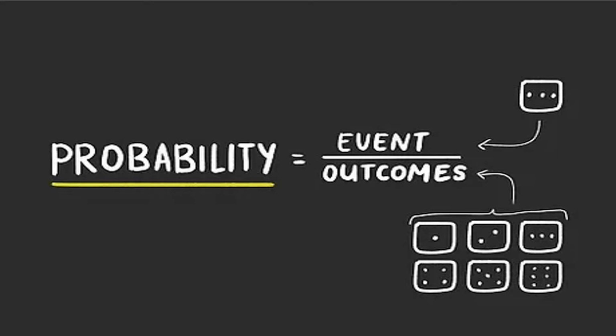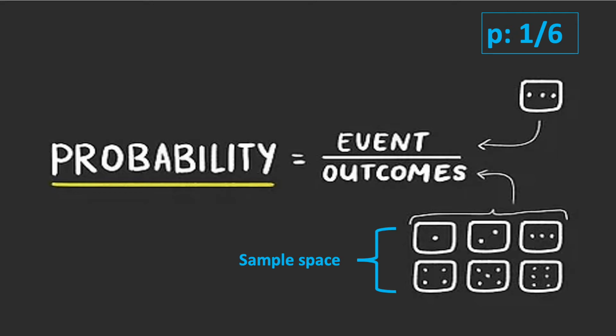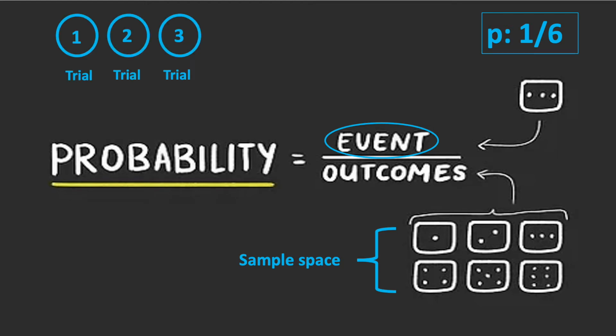So the probability of getting 3 is 1 divided by 6. All possible outcomes that can happen each time is called the sample space. Each time we roll the dice is one trial. If we repeat this trial twice or thrice or more, each time has its probability.